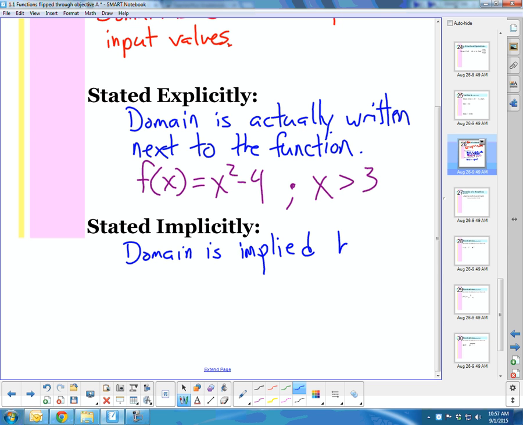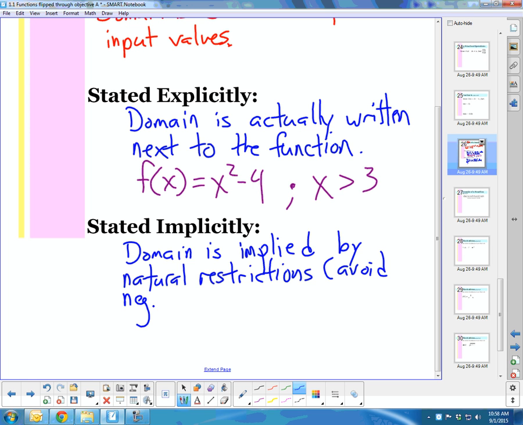And it's implied by what we might call natural restrictions. That's where we would be doing things like avoiding negatives under radicals and zeros in denominators.